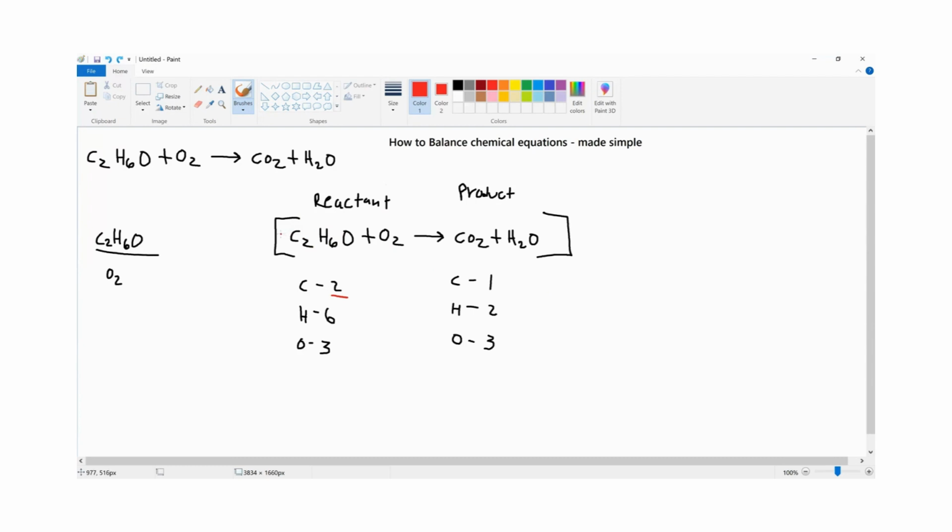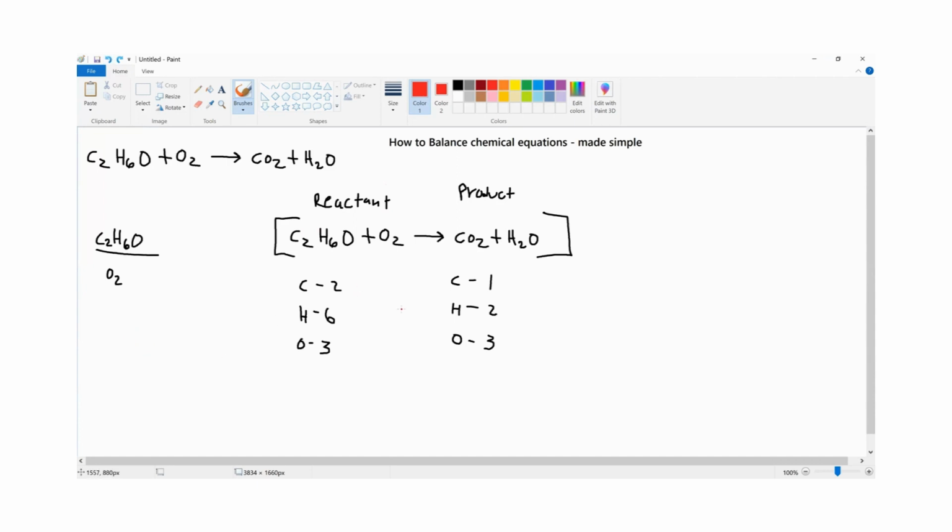So you can only change the numbers right here in front of the formula. Why? Well, because let's say we had H2O. If I want to get two more oxygens, this would be wrong because that's a totally different formula. I believe that's hydrogen peroxide. And you know, hydrogen peroxide is not very good to drink.